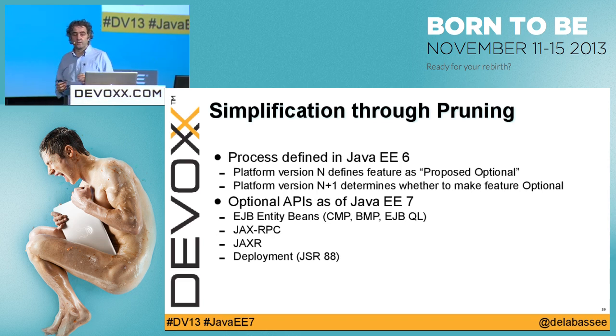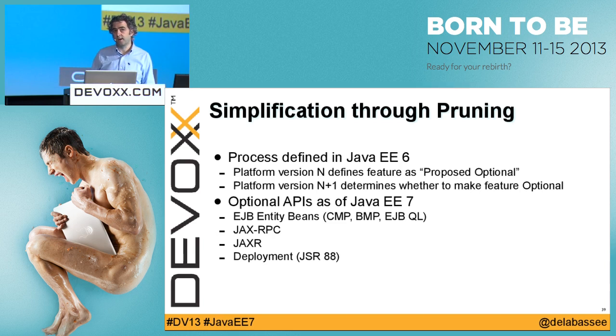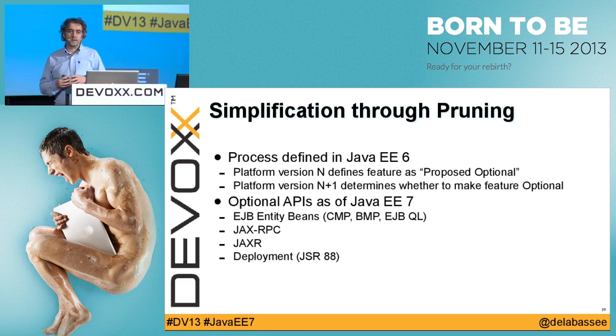If you are still using those technologies today, it's really time to look at alternatives, because if you take a Java EE application to a Java EE 7 implementation, those features might not even be there. We started to warn you in 2009 with Java EE 6. And clearly, if those features are optional, there are alternatives within the platform.